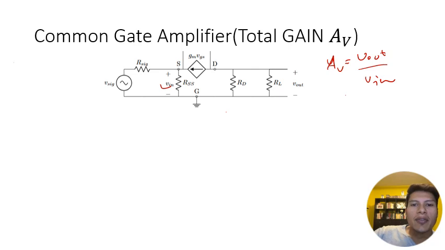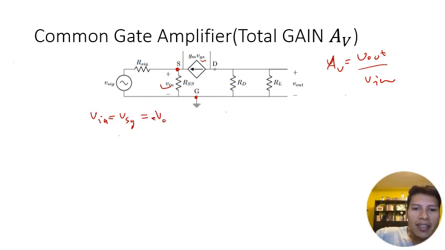To do that, we need to figure out how much current is flowing here. We'll notice that the voltage VSG is actually equal to Vin, which is equal to negative VGS. So that means that this current source is actually negative gm Vin.